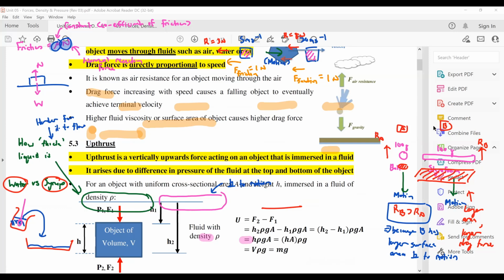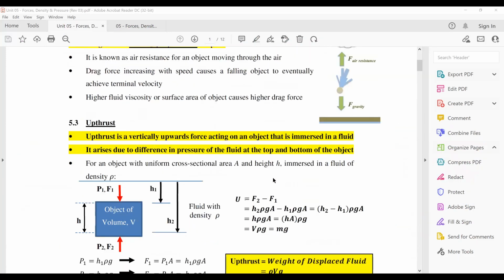Let me just clear off everything here and explain to you what is upthrust. Upthrust is what allows an object to float in water. If you have experience going into a swimming pool before, you will notice that once you wade inside the swimming pool, you somehow feel lighter. It's as if something is helping to push you up. That is what upthrust is.